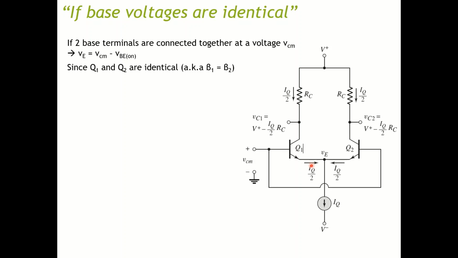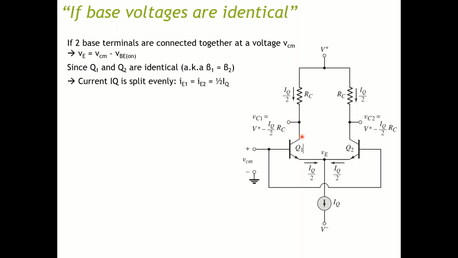Since Q1 and Q2 are identical, in other words, the beta for Q1 and the beta for Q2 would be the same. If we have a current flowing through here, the arrow points this way, but you can assume a negative current points the other way.